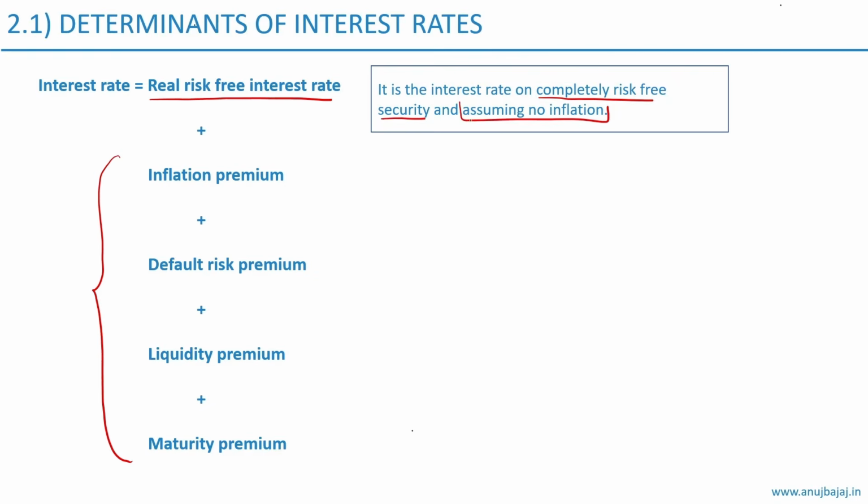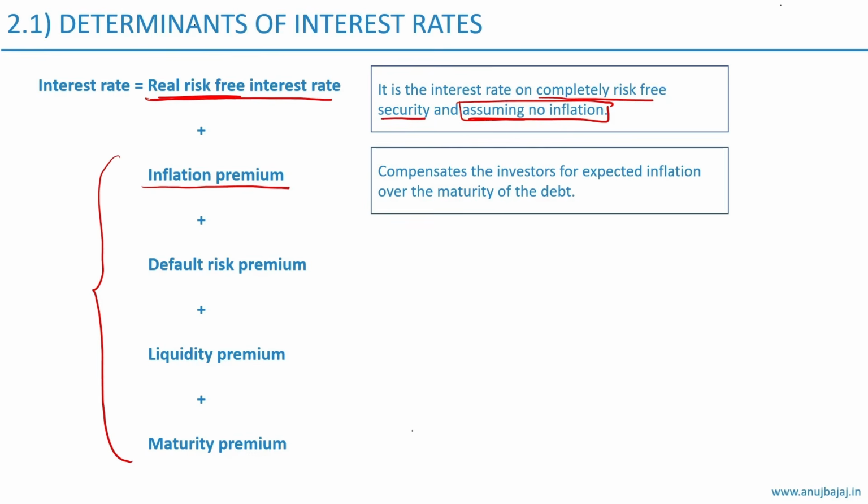We are assuming no inflation because we will be adding the inflation premium separately. The US T-bill can be considered as the completely risk-free security. Hence, the interest rate on US T-bill, that is, the US Treasury bill, can be considered as the real risk-free interest rate, assuming no inflation.